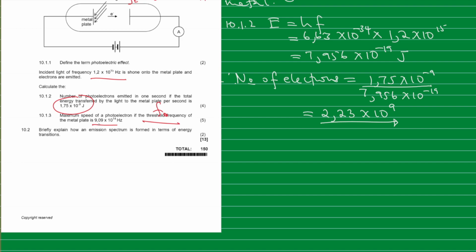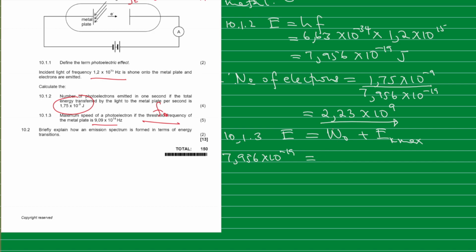Here we have to use the photoelectric equation, given in 10.1.3: E, the energy of a photon, is split into the work function plus the EK max. Of course we now know the energy of our photon, which is 7.956 times 10 to the power negative 19.